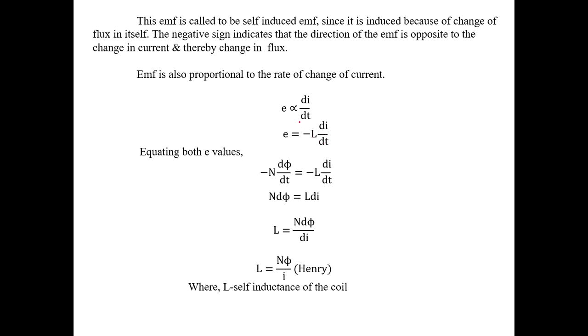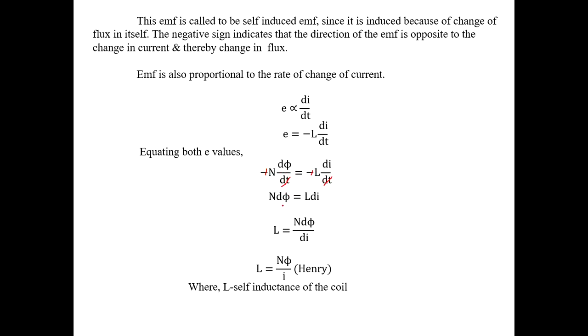Here we have two EMF equations. We have to equate both the equations. We can write minus N into d phi by dt is equal to minus L into di divided by dt. Here the minus will be cancelled, then dt gets cancelled.